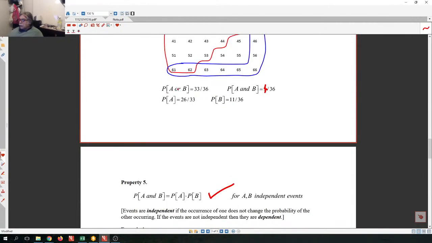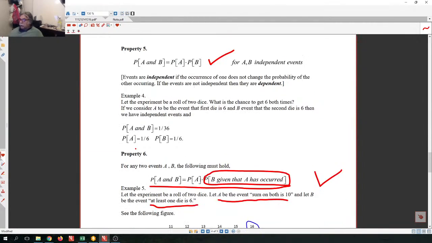The same thing here: property number 5 follows from property number 6, because when A and B are independent, the probability of B given A is just the probability of B. So you have the probability of A times the probability of B equal to the probability of A and B, which is just here. So property number 5 actually follows from property number 6. So you really don't need 6 properties, you need 4.